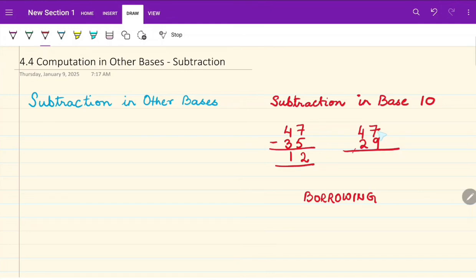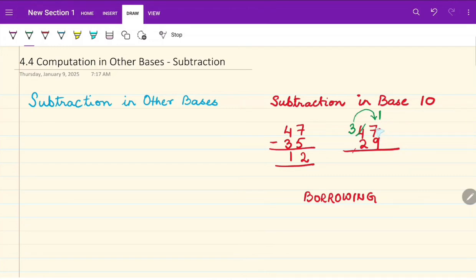We borrow a bundle of 10 when working with base 10. So what happens when we borrow one bundle from 4? The 4 becomes a 3, and we give one bundle of 10s to the right column.